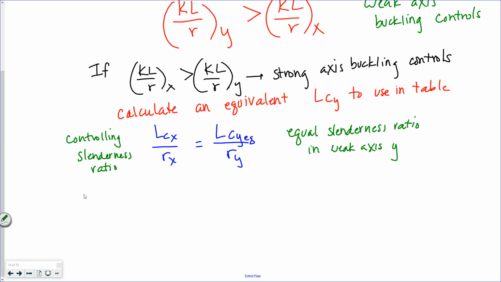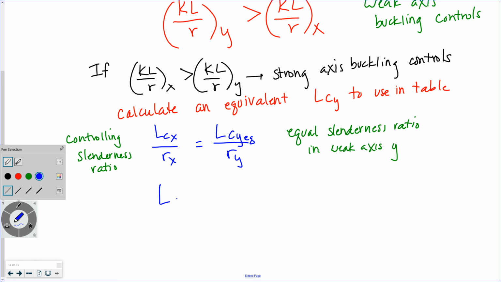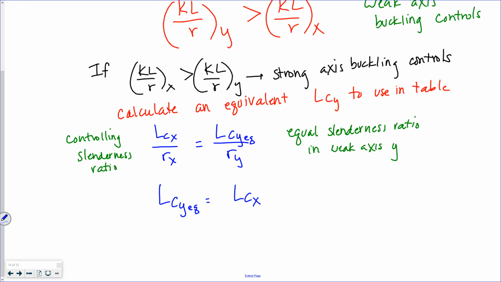So all I have to do is solve for that equivalent LCY, which is my unbraced length in the x direction divided by Rx over Ry.